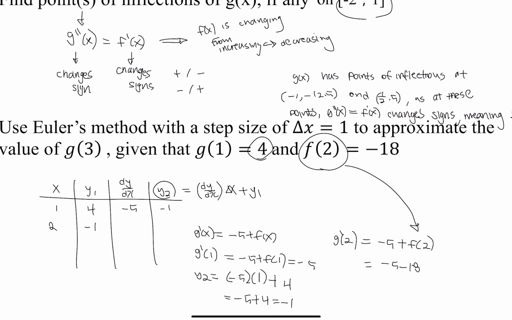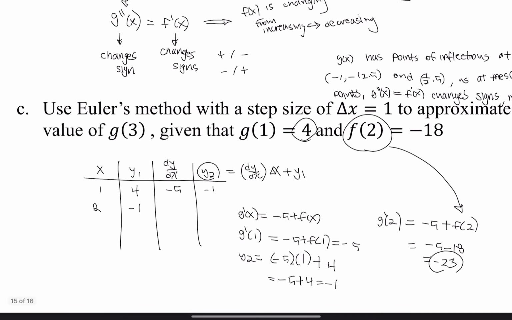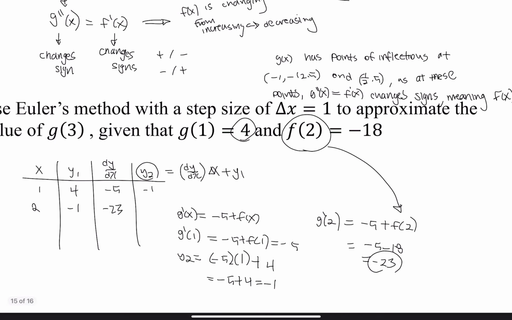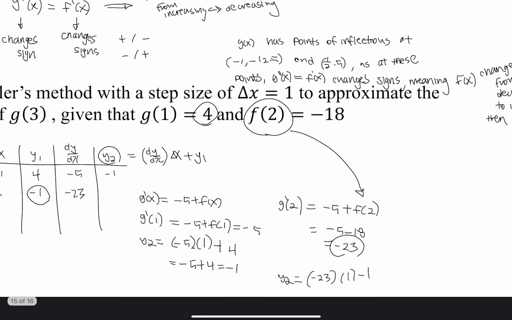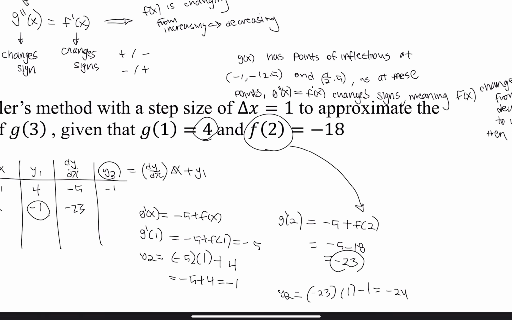Okay, -5 plus -18 equals -23. Okay, so this is the dy dx value for x equals 2. Let's try to find a y2 value, which is -23 times step size of 1, and then plus y1, and then y1 we have -1. So -23 plus -1, we have -24.